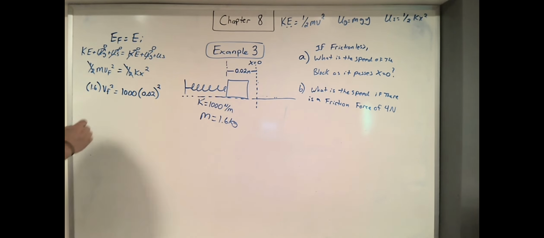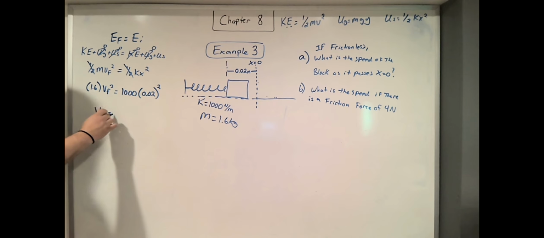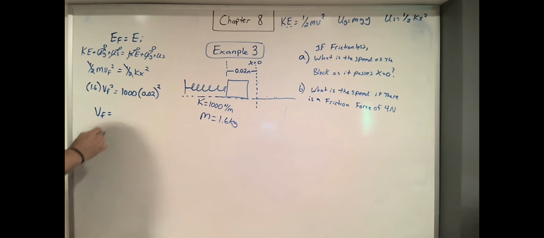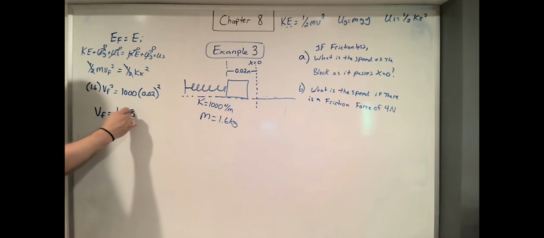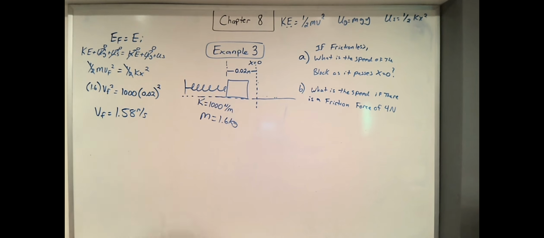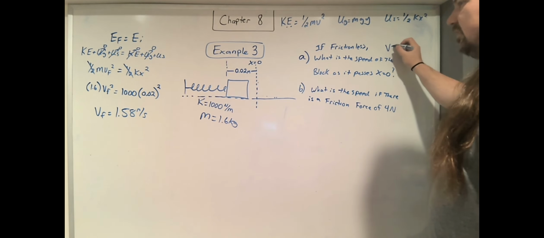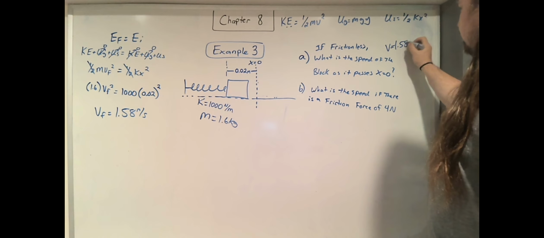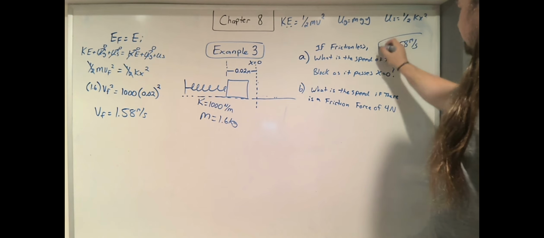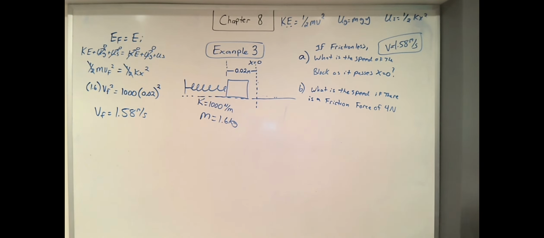And we should get a final velocity here of 1.58 meters per second. So hopefully that's what we got. Let's say, if frictionless, what's the speed of the block? V is equal to 1.58 meters per second. So that's for part A.